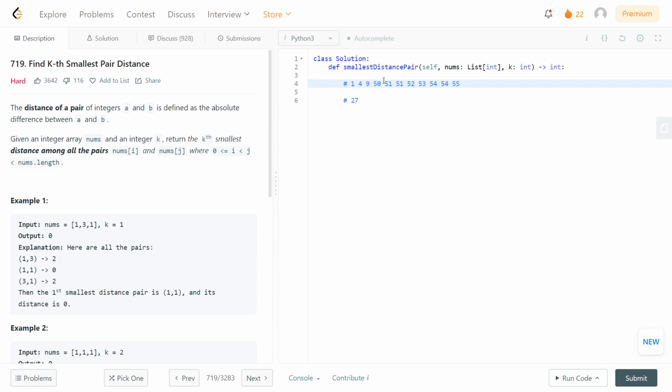And here again we'll increase left to get both of them on the 50, but since they're both pointing to the same index, we would increase right here. And then again do that, and then we count. When our count exceeds k, then we need to update our left and right.